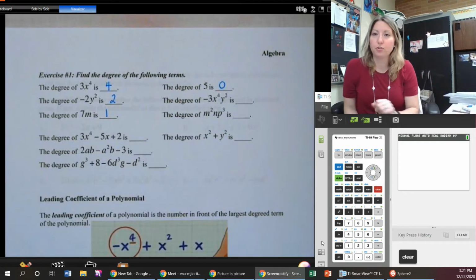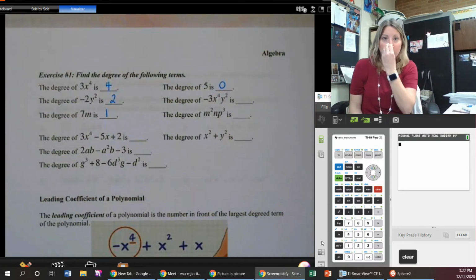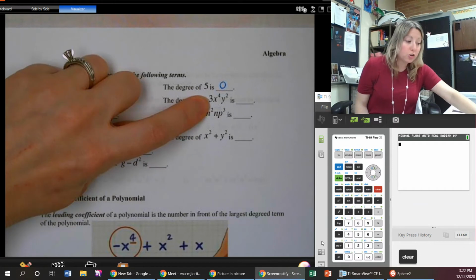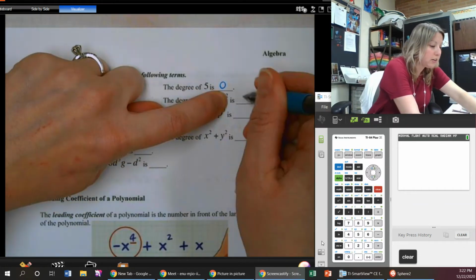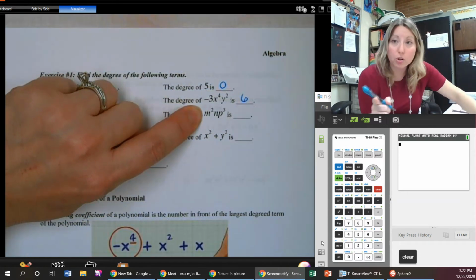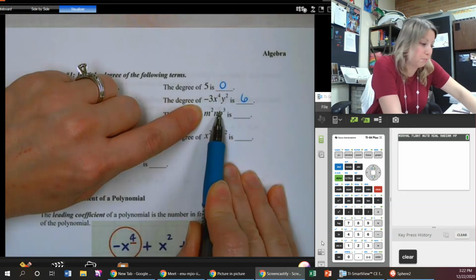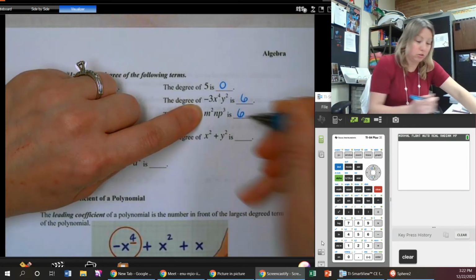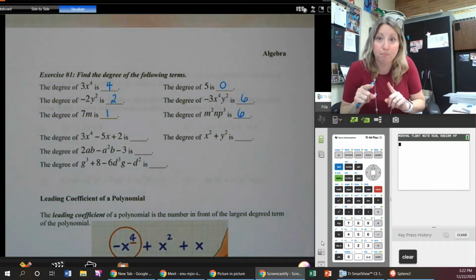It's a 0th degree when you only have a constant. Now, the degree of this term is 6 because 4 plus 2 is 6. The degree of this term is also 6: 2 plus 1 is 3, plus 3 more is 6. They're both 6th degree terms.